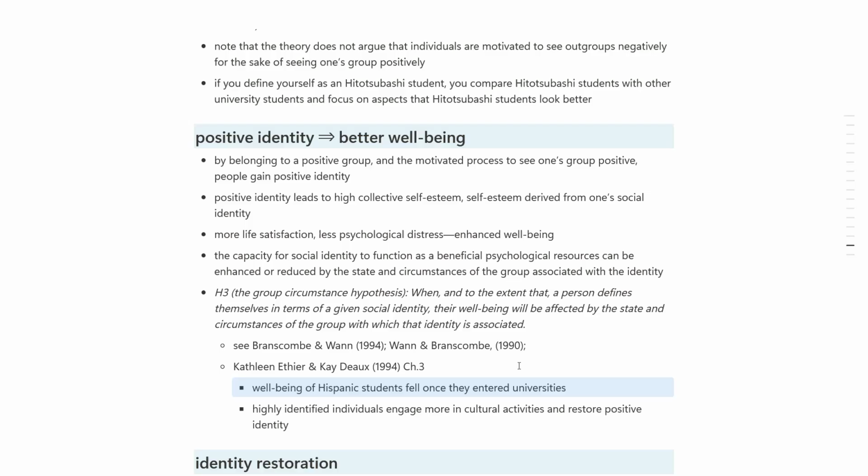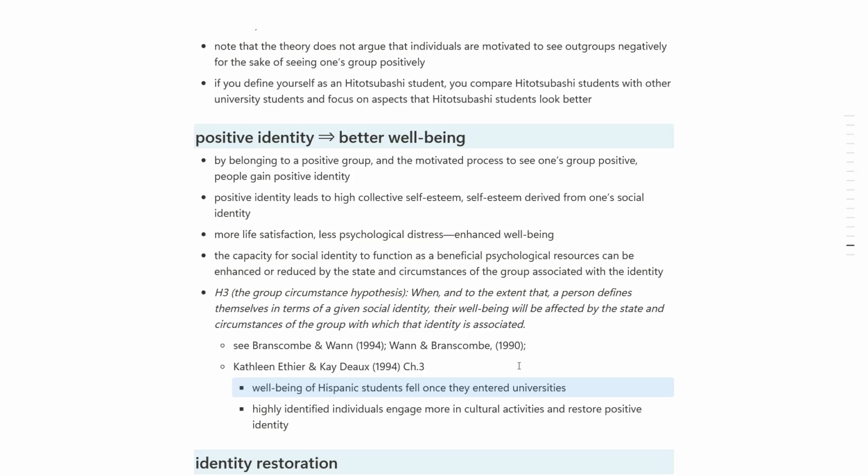And this is because the Hispanic group is considered to occupy a lower status in the United States.